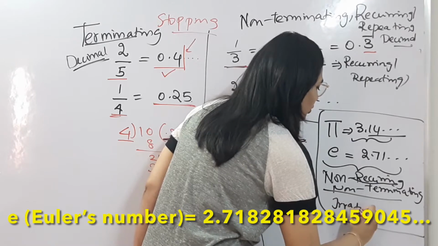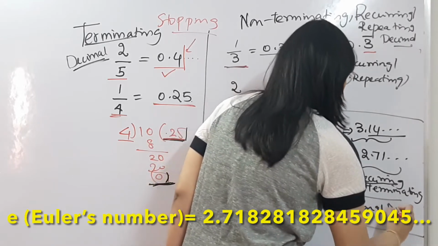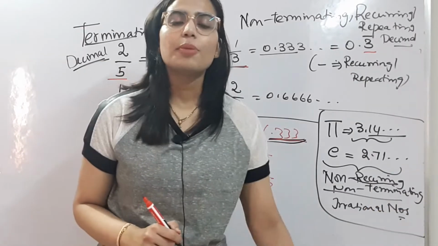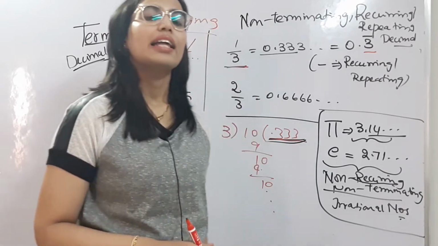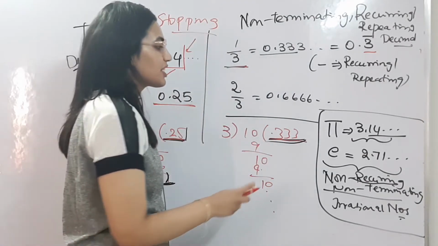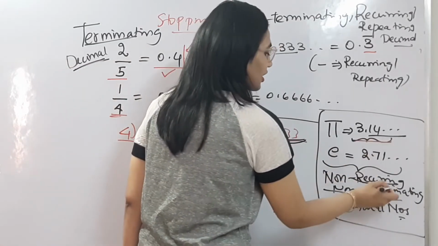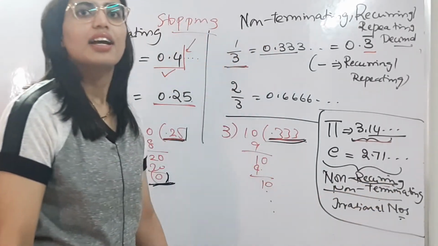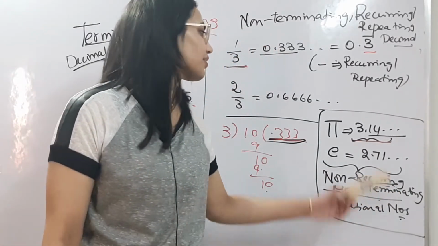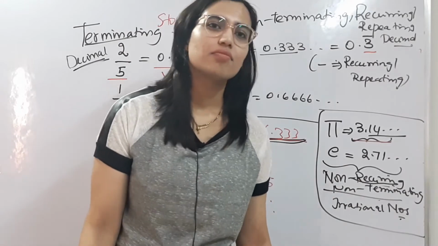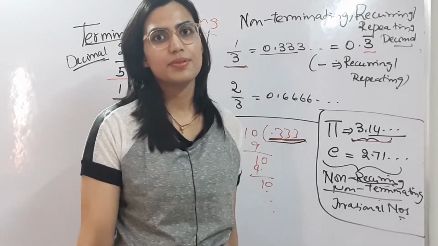As I told you before, irrational numbers are numbers that cannot be expressed in the form of p by q, and the numbers that have decimal expansions as non-terminating and non-recurring are called irrational numbers. Pi and e are some examples.